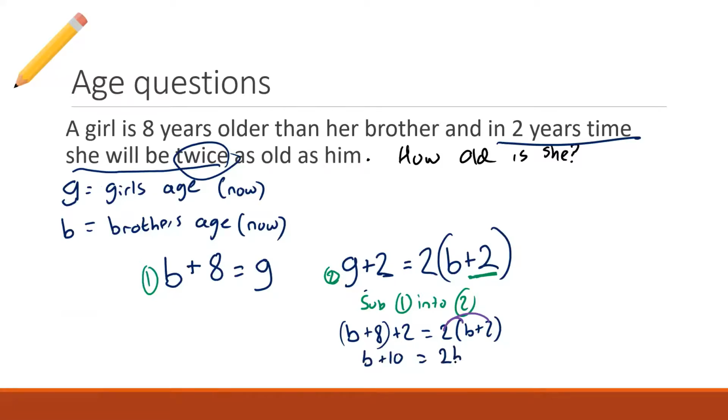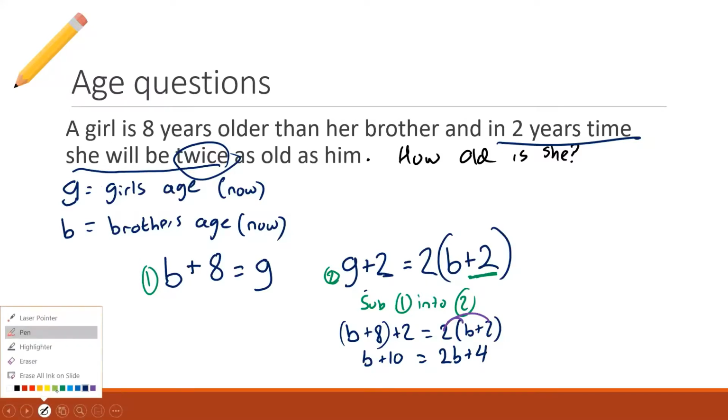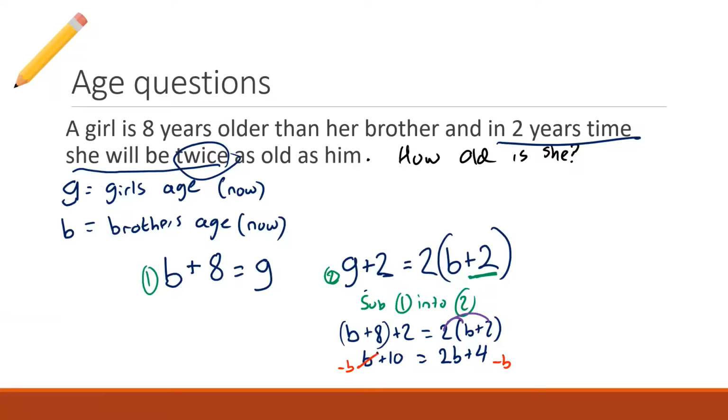equals 2b plus 4. And then at this point, you've got a couple of choices to do. I would suggest subtracting b from both sides. That's going to give us 10 equals b plus 4, which means that b is going to be 6.